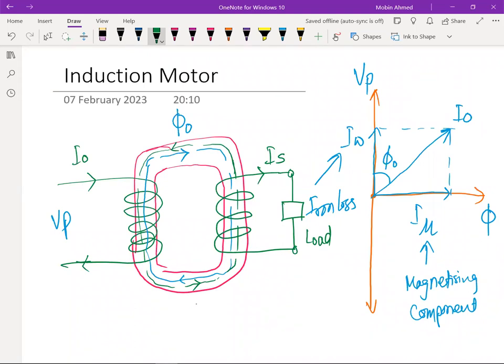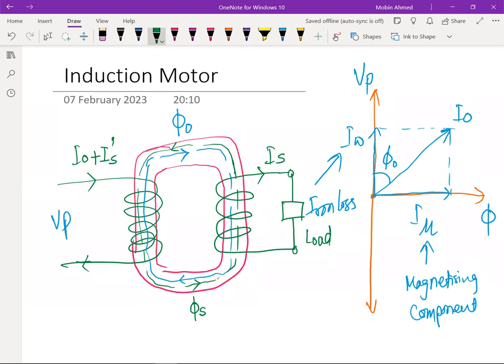So this flux, we will name it phi S, the secondary. Due to the secondary, this flux is there. So this is the load flux. Now, when there is a secondary flux that is going to come, to counter this one, there is one more current, means current is going to increase in this, and we will say IS prime.